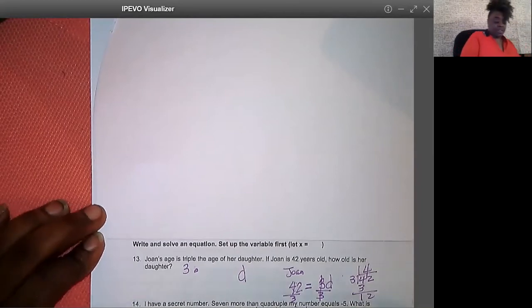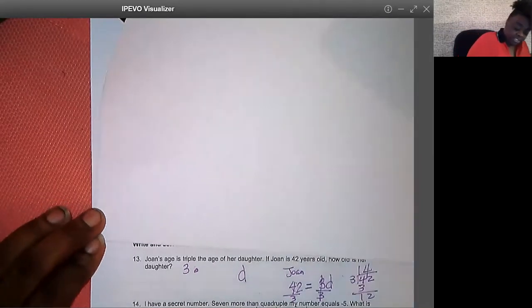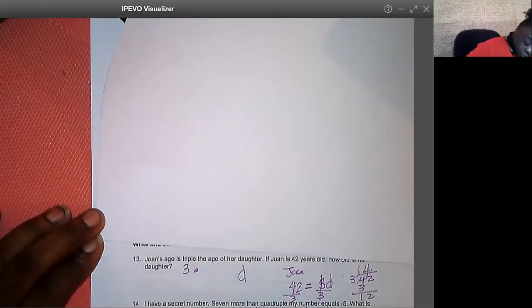And since we have an equation, we're going to solve for that equation. So we're going to take care of the constants first. And the constants are the numbers that are by themselves. So it was the plus 7, so we're going to do the inverse operation, which is minus 7. So whatever you do on one side, you must do on the other side. So negative 5 plus negative 7 is negative 12.